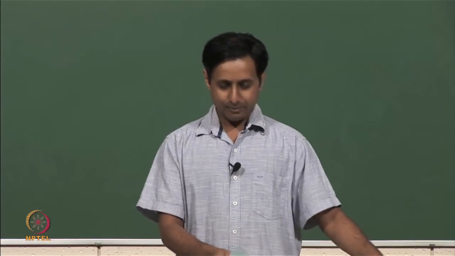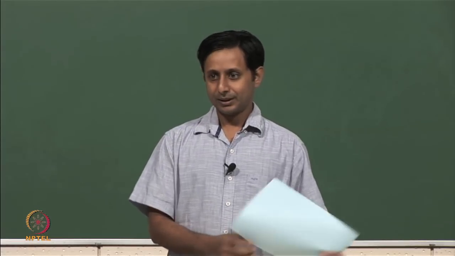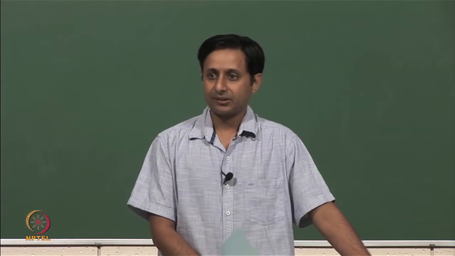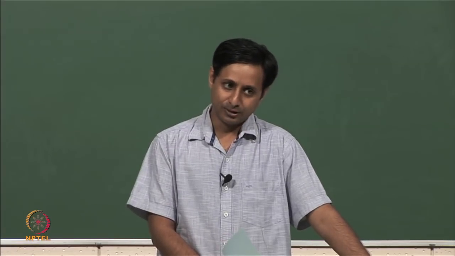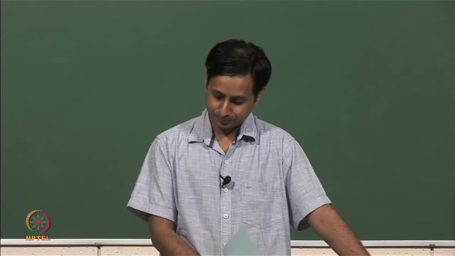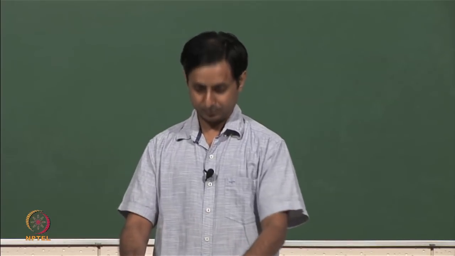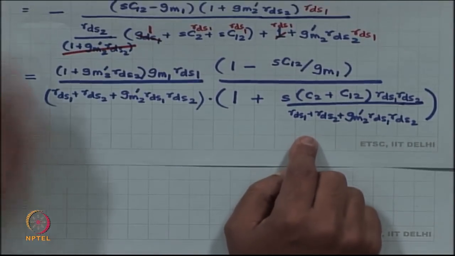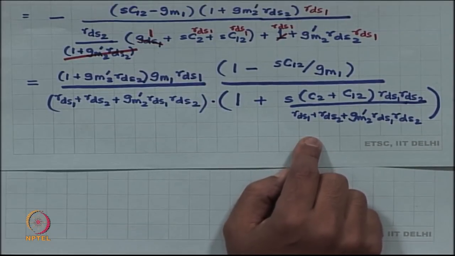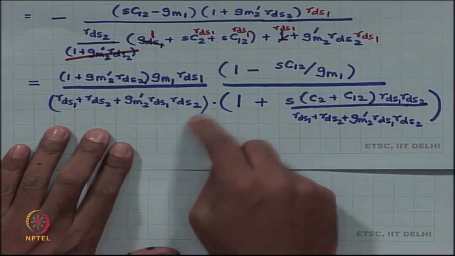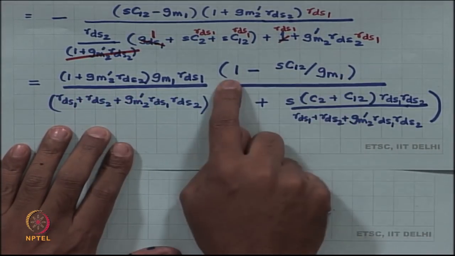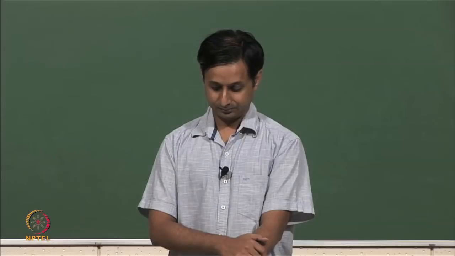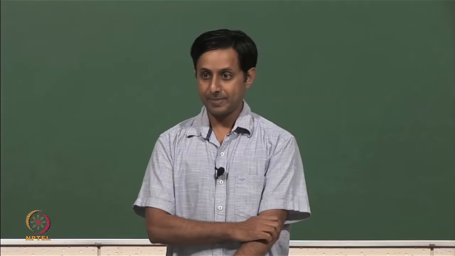So, one important observation, your transconductance had a right half plane 0 and a pole, these two. This was your transconductance expression. Okay. DC term, right half plane 0, pole. Okay.